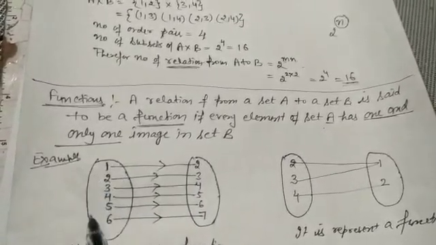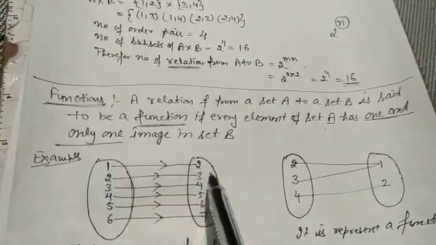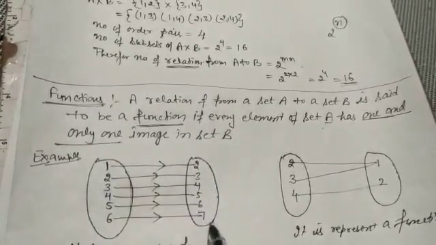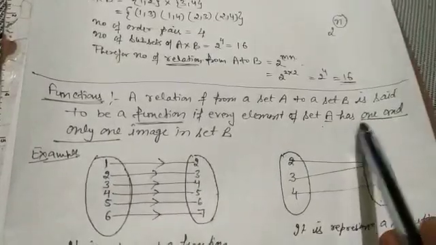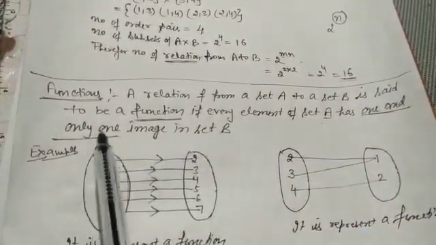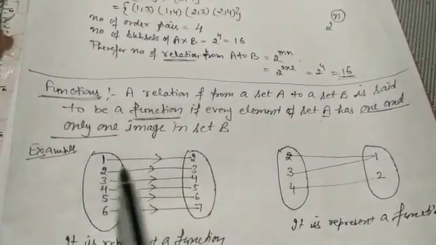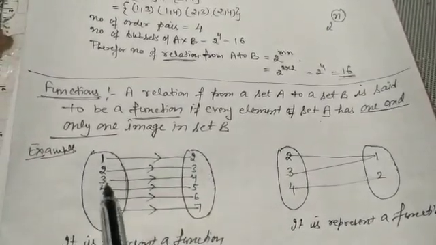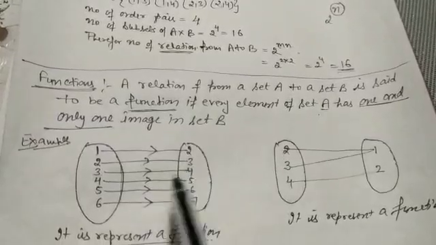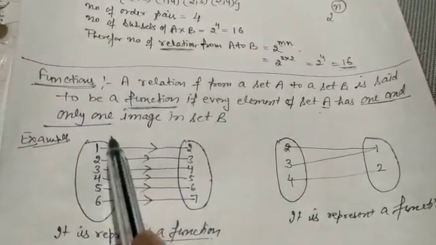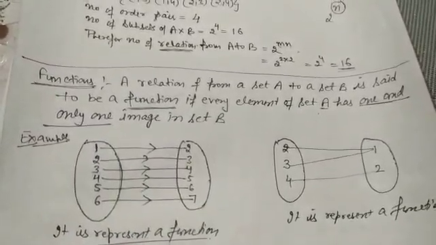Every element of A is connected with an element of B, so one and only one image. This 1 has only one image, this 2 also has only one image, this 3 also has only one image. So this type of arrow diagram tells us about functions.